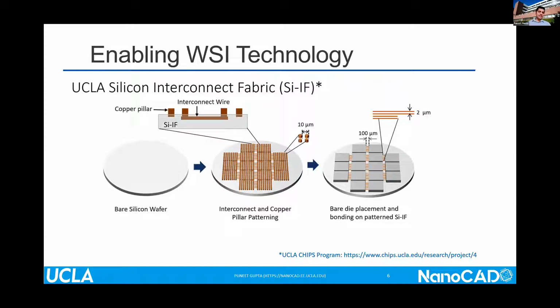This is based on copper to copper bonding with 10 micron IO pitches and 2 to 4 micron wire pitches and inter-die separation of about 100 microns. Those are typical technology characteristics of this integration technology. Okay, let me move on.